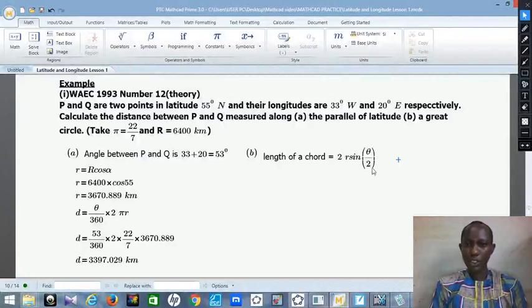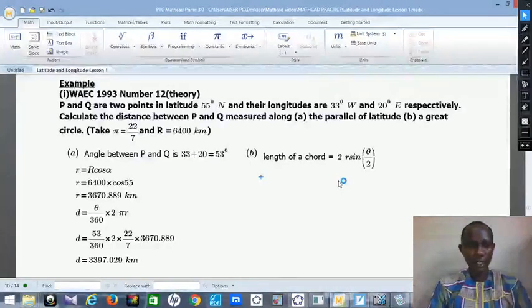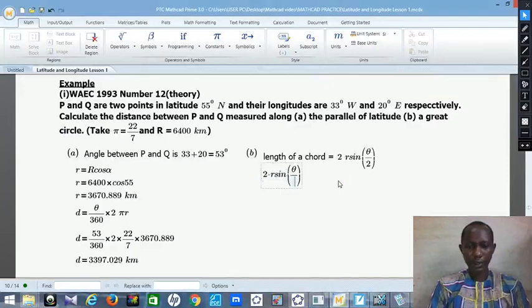So how do we do this now? We remember we use small r for the parallel of latitude, and capital R for the great circle. So I'll use 2r sine theta over 2 for the small circle, the parallel of latitude.